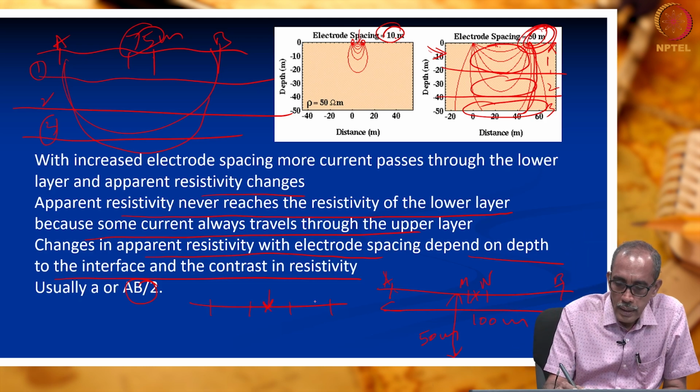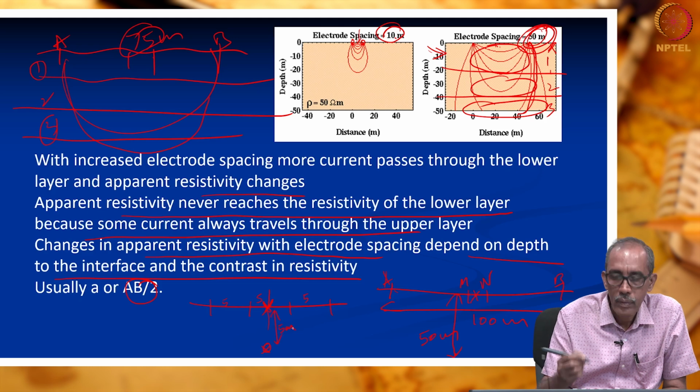Now, imagine the distance between the electrodes is 5 meters. 5 here, 5 here, which means the apparent resistivity value which we are getting is from a point located at a depth of 5 meters. Is that clear?